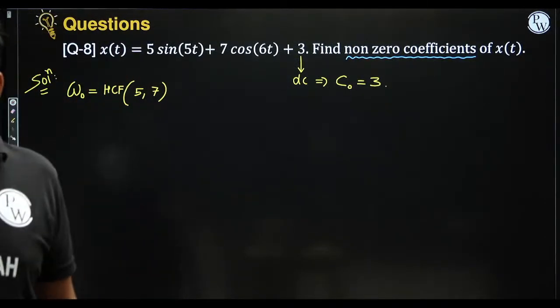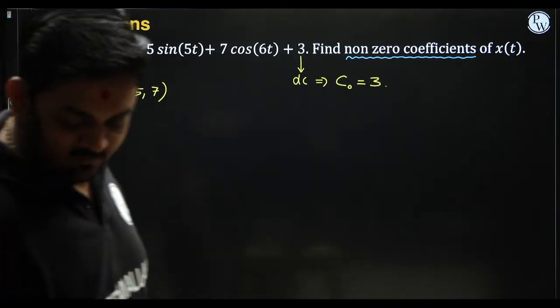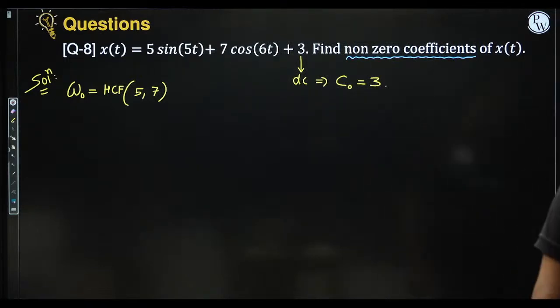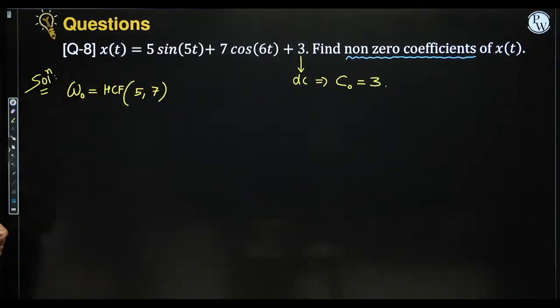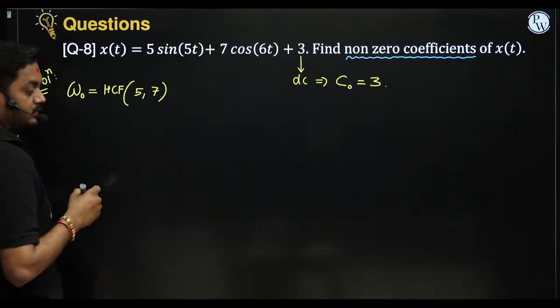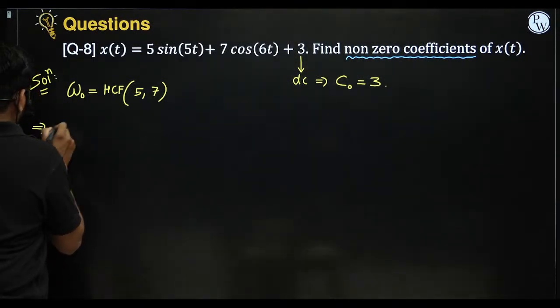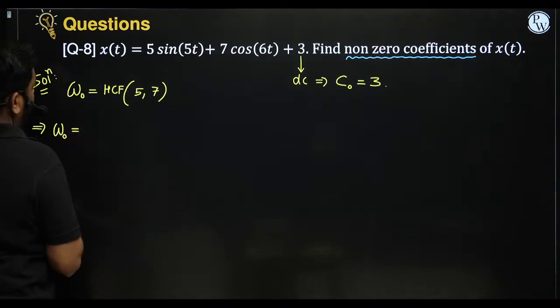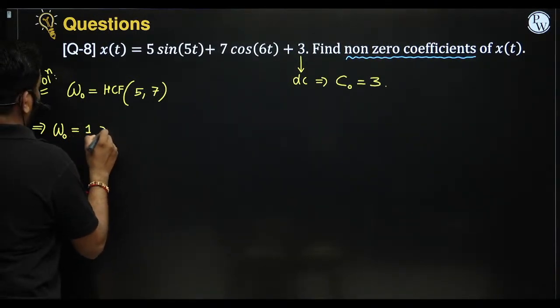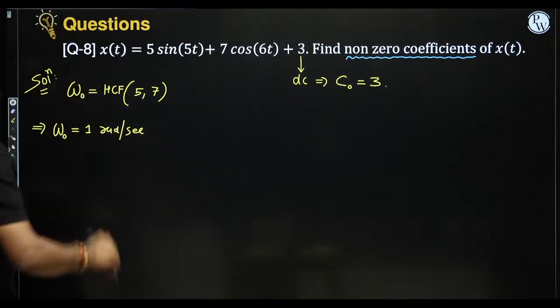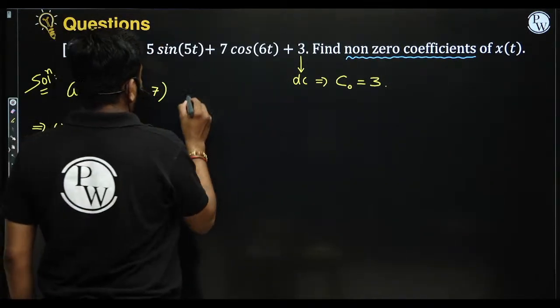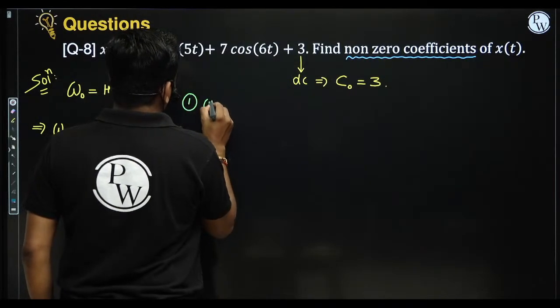Corresponding coefficient is C0, okay. So omega 0. What is omega 0? Omega 0 equal to 1 radian per second, the GCF. Now for the non-zero coefficients, again compare each individual frequency with omega 0.